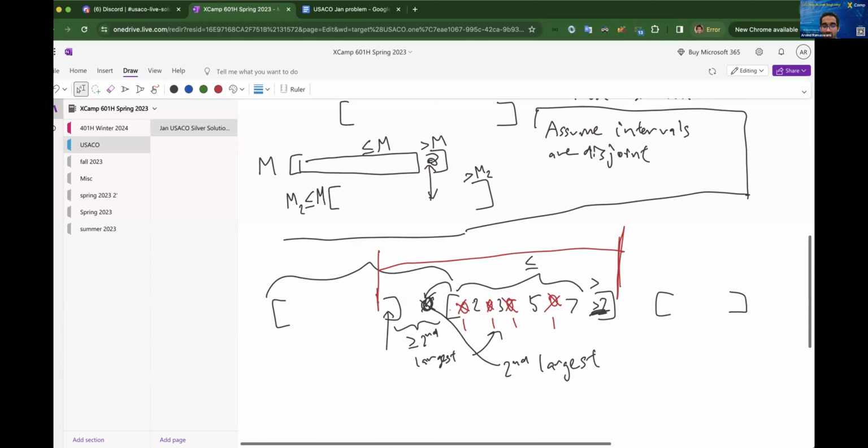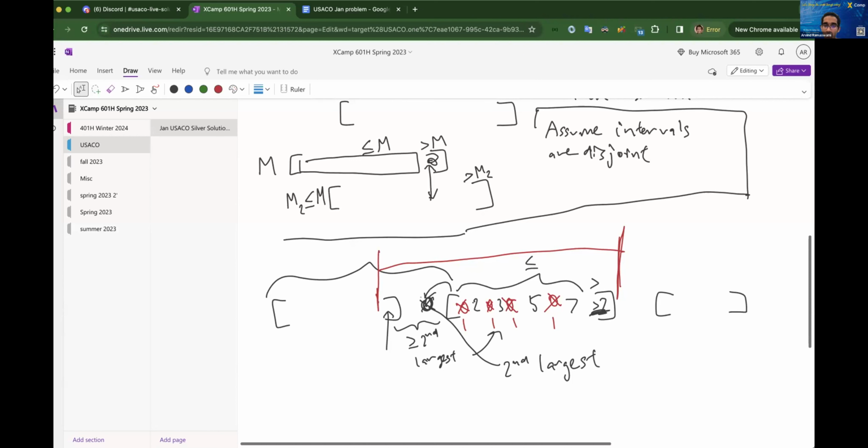Just to repeat, since this is the first element that's greater than this prefix max, that means the prefix max of the left should be at least the second largest in the interval. So if there's no element here that's at least the second largest, then we have to replace some element with some element that's at least the second largest.